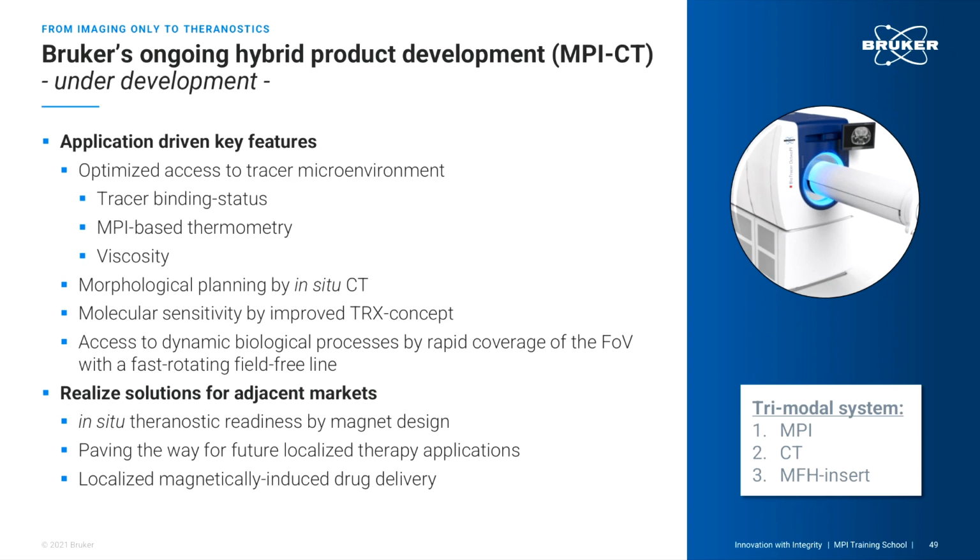We have reworked our complete electronics to have a much better and highly improved transmit-receive path to ultimately allow for molecular sensitivity, increasing the sensitivity for you, having a lower applied dosage of the tracer or a higher SNR.